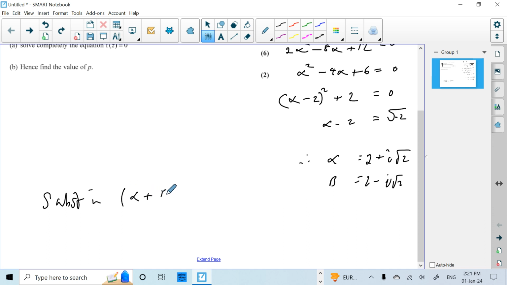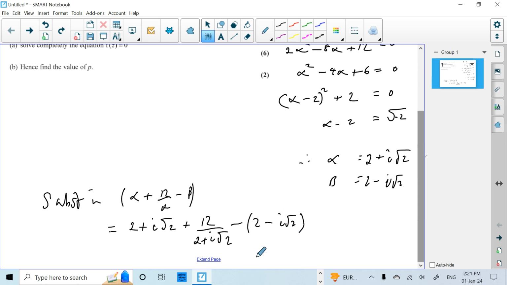That will be equal to 2 plus i root 2, plus 12 over alpha, which is 2 plus i root 2, and then minus beta, and we said beta is 2 minus i root 2. That's in order to find the third root.